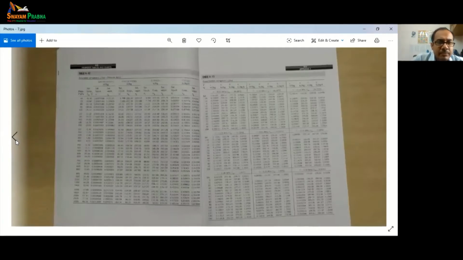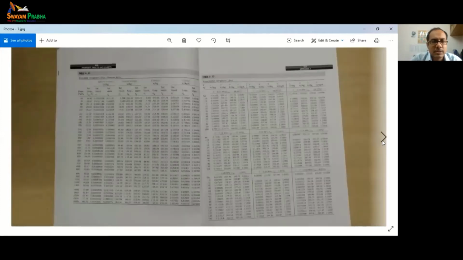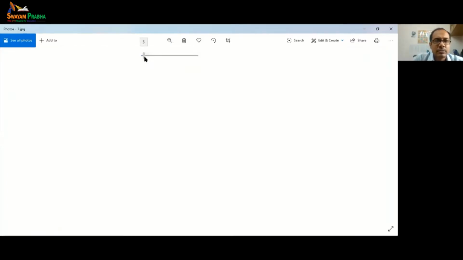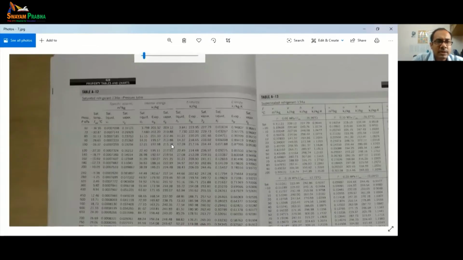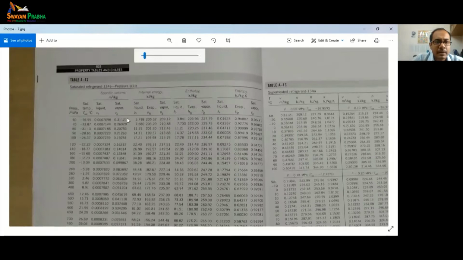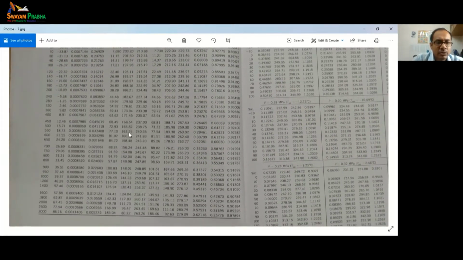Okay, yeah, so this is the pressure table. We can zoom and we can see here that it is the saturated pressure table. Now we have to find the values corresponding to 850 kPa.